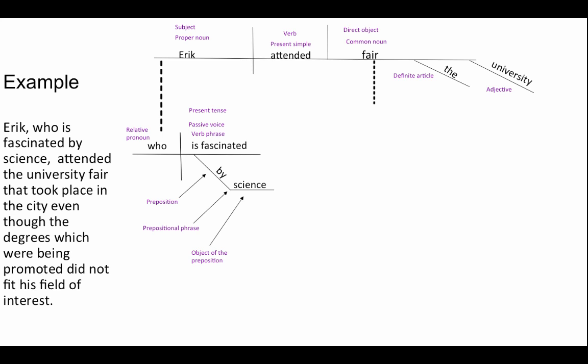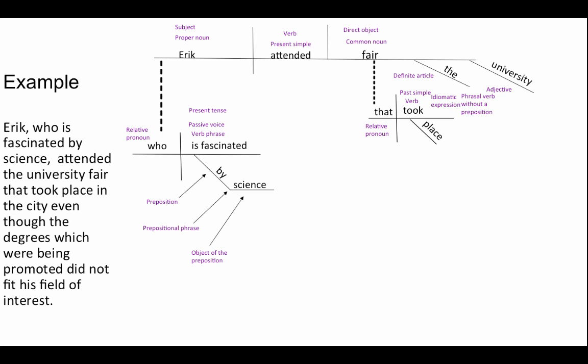Now for fair. It's the university fair that took place in the city. So which university fair? The one that took place in the city. So it's another relative clause. That is the relative pronoun. Took is a verb and it's in past simple. Place, together, took place, is an idiomatic expression. It's a phrasal verb without a preposition.